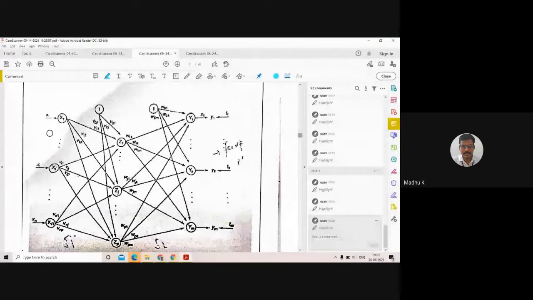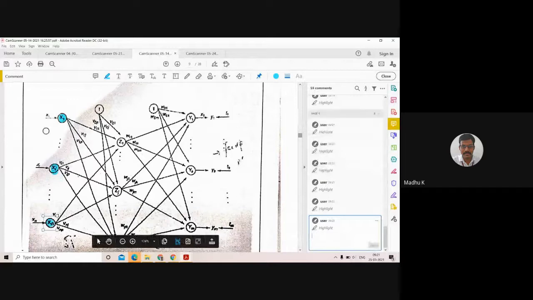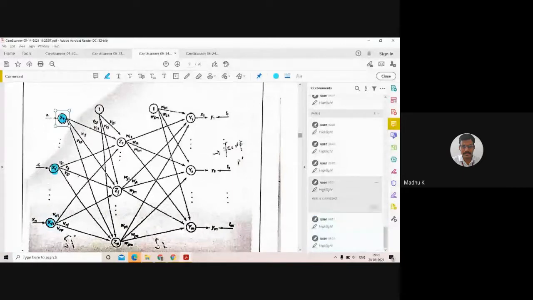So which are the different components of this network? These are input neurons. We will apply the input here, and the term used is X. Then this is called a hidden layer: Z1, Z2, etc., Zj.